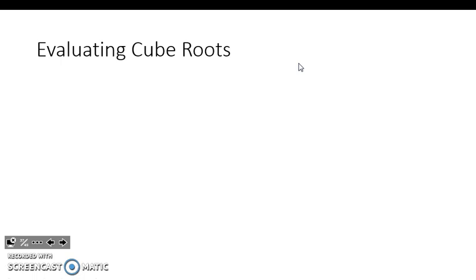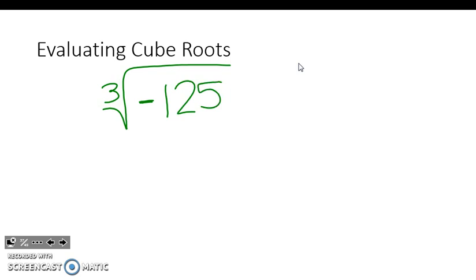Just like with square roots, we can have negatives and we can have fractions. Let's look at one that's a negative. With the square roots, the negative was always in front of the square root symbol. Not with cube roots. With cube roots, you are always going to see it on the inside with the number. So if I take the cube root of negative 125, you type it in the same: 3, second, that caret button, and then negative 125, and you should get -5.